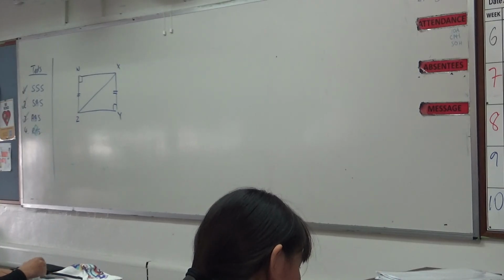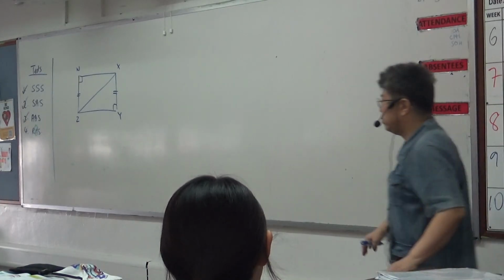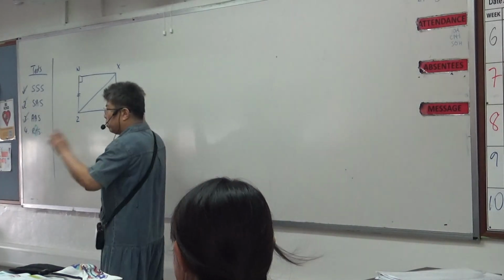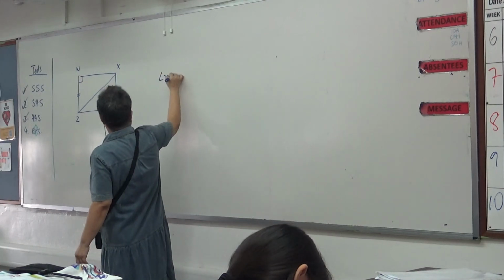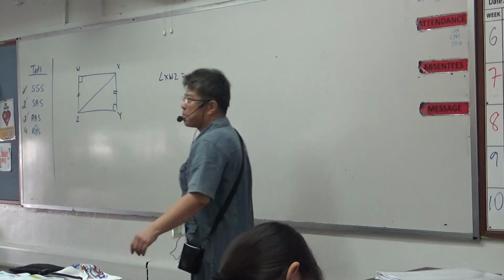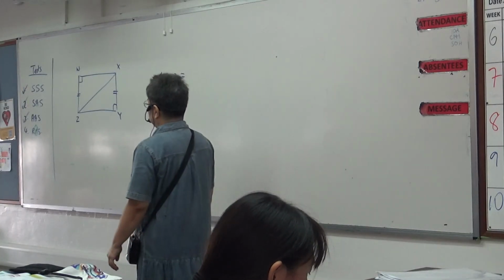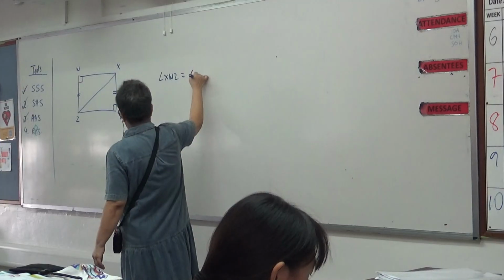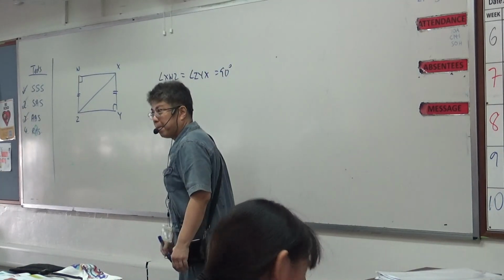Then later stick into my right hand leg, then after that, stick here. Okay, I'm going to say this: angle XWZ equals what? Focus on it. XWZ, ZYX equals 90 degrees, correct?